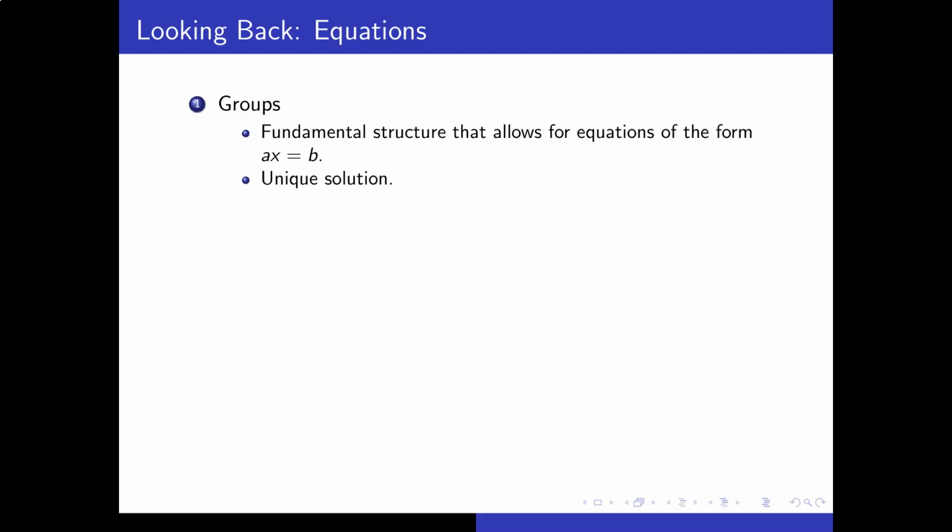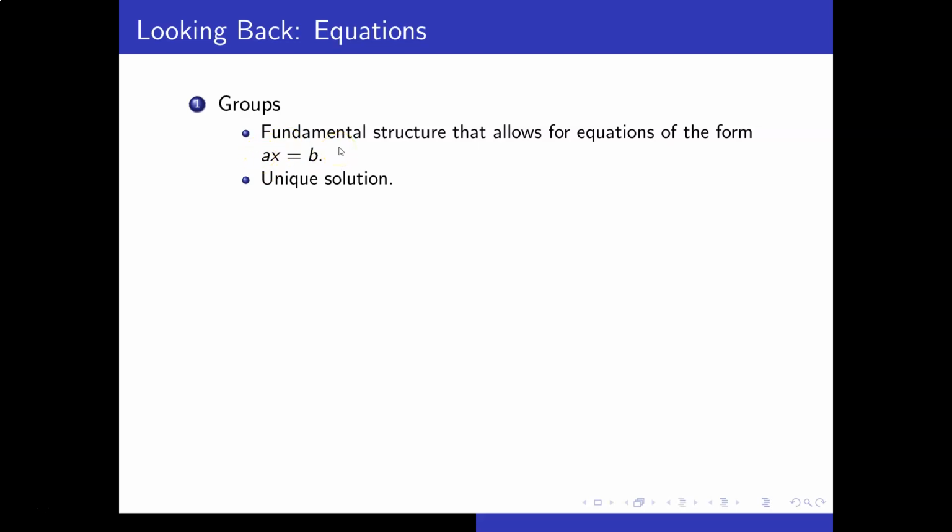All right. Not only does that make sense, I mean, you need an operation in order to talk about multiplication. And the great thing about a group, though, is that its properties are precisely the ones that ensure such an equation has a unique solution.